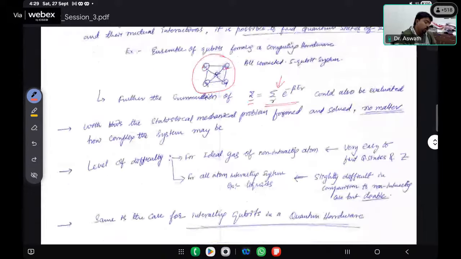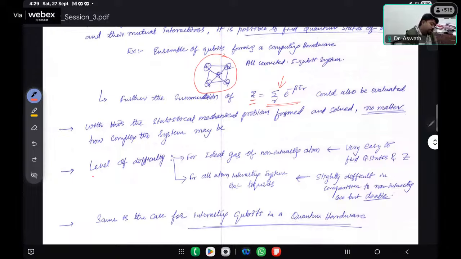Now, there is a description here: level of difficulty in the system calculation. For an ideal gas, if you just take particles, they are not interacting at all, they are almost ideal, they are separated. In that case, it is very easy to find the individual quantum states, individual partition functions, and the overall partition function.